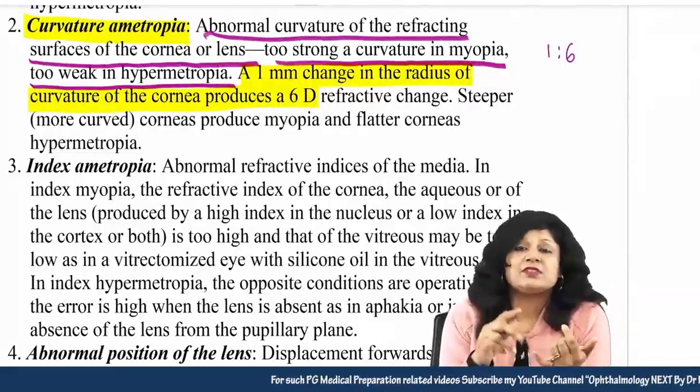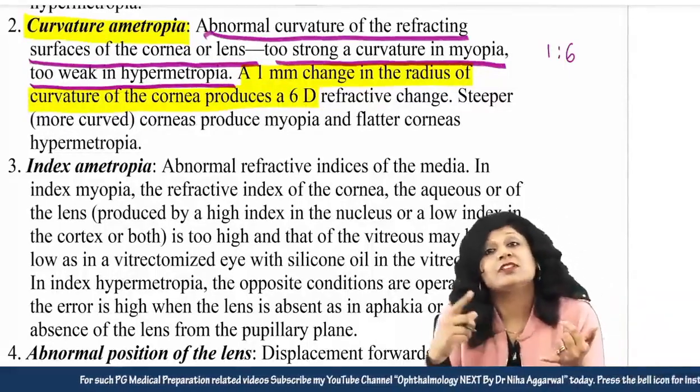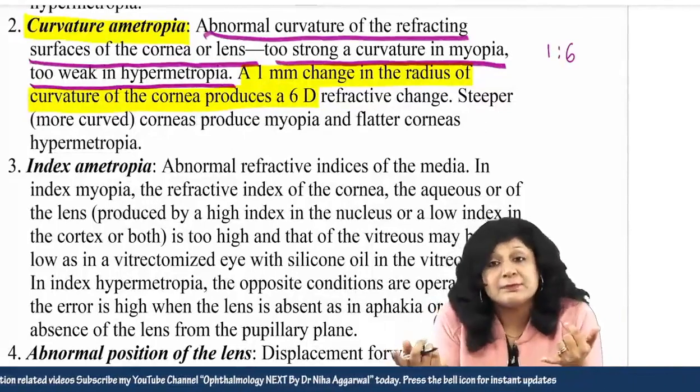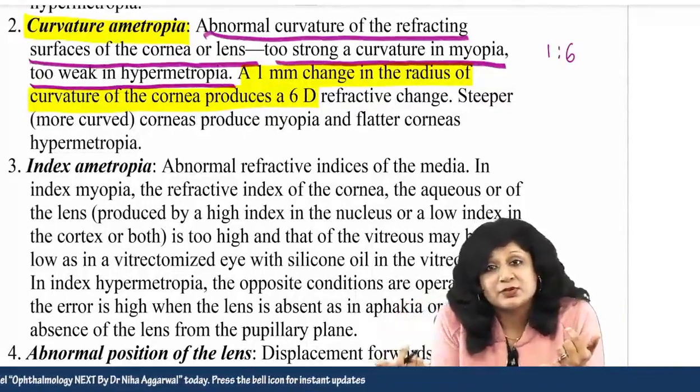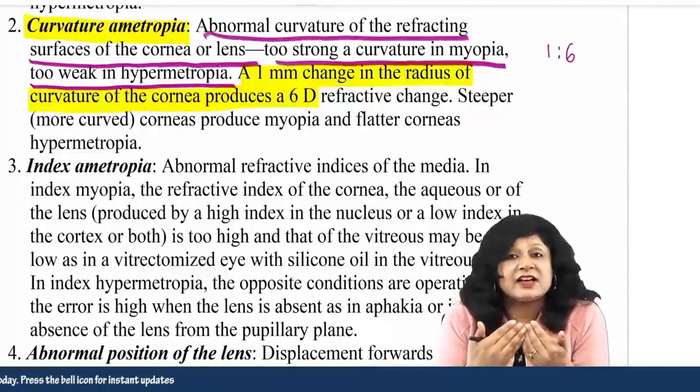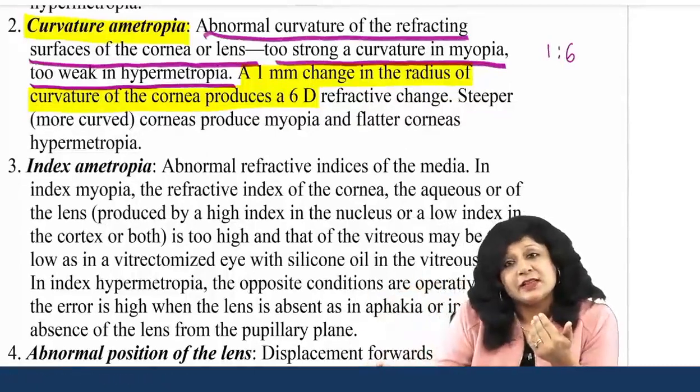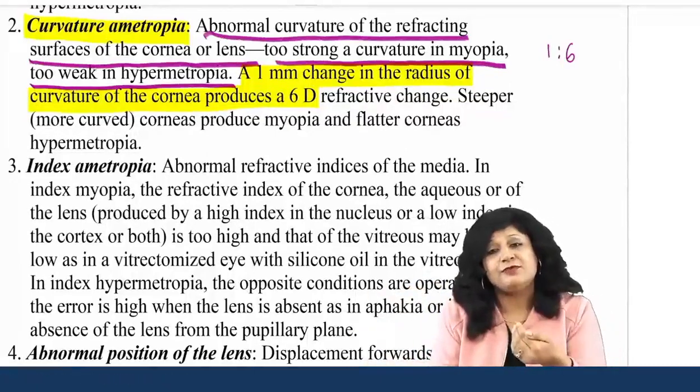So if there is 1 mm shortening of the radius, this will lead to 6 diopters of steepening, and then this will lead to 6 diopters of myopia, because an increase in the curvature will cause an increase in the power, and therefore the rays are focused much before.